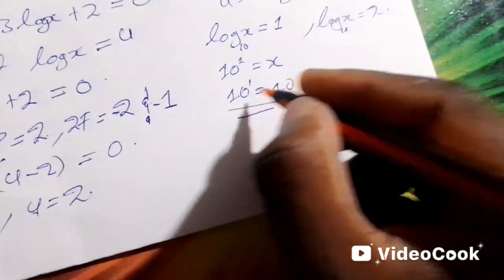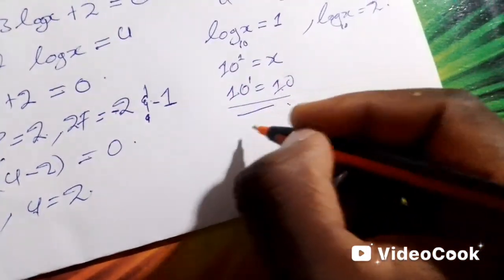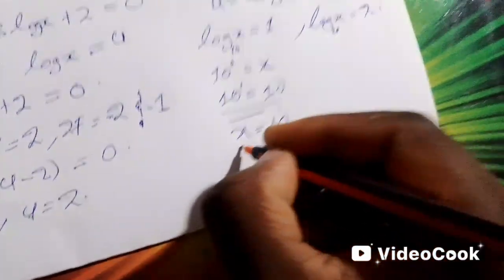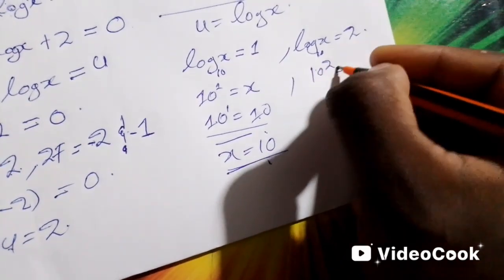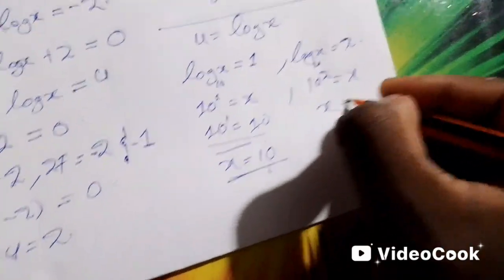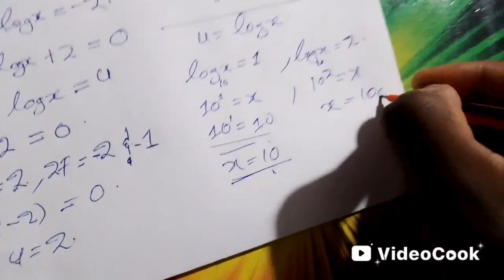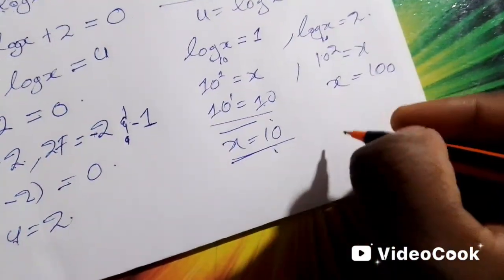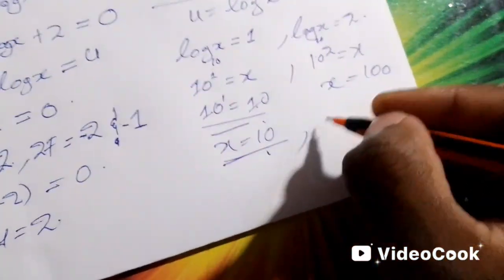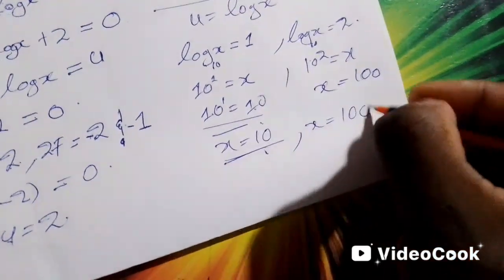And this side, we have 10 to the power 2 is equal to x, meaning x is equal to 100. So these are our two answers: x is equal to 10 or x is equal to 100.